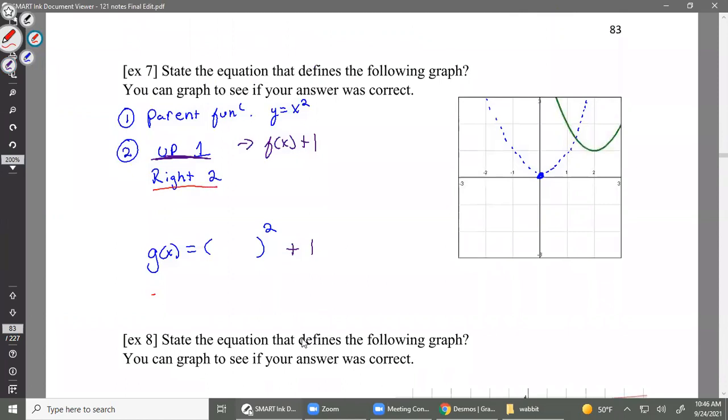To the right 2, which means I'm going to replace every single x with x minus 2.